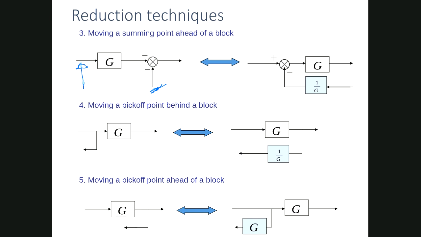Now look at it. If it goes in before the joint, that means it has to pass through G, and it will be multiplied by G. To take care of that, we have to divide it by G, so that if you multiply by the G, they will cancel out. Is it okay?